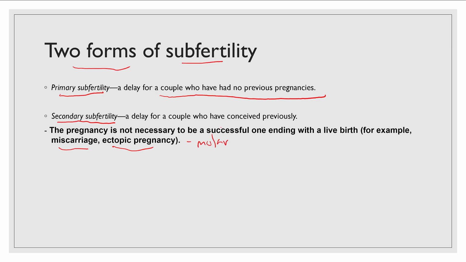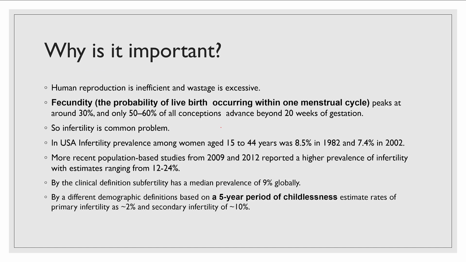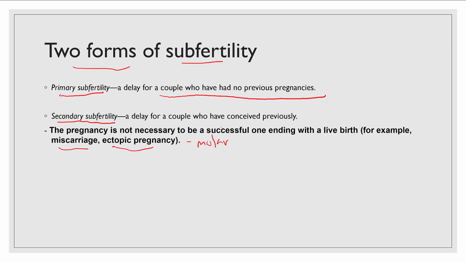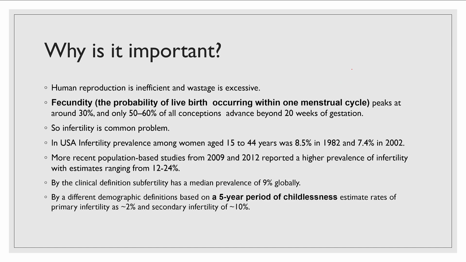They are all pregnancies. May be successful, may be unsuccessful, but still it is a pregnancy. So if somebody has had a pregnancy, whatever form, they belong to the secondary subfertile, even after 1 year. And generally when we handle, we wait for primary subfertiles up to 1 year, but when it comes to secondary subfertility, even 6 months sometimes we take as an adequate try.